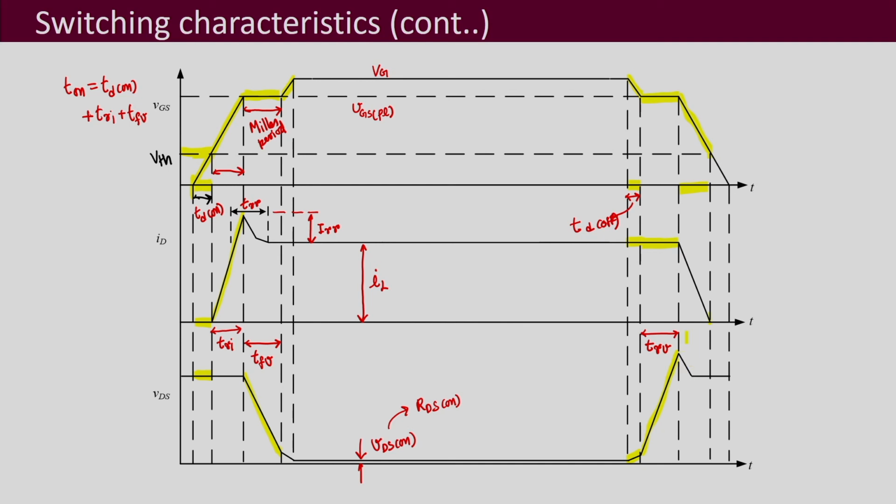And this can be denoted as your interval, T_fi, the fall in current. And by the time, this shoot through also comes down and it settles close to the blocking voltage, what the MOSFET is supposed to block, which is equal to your VDC.